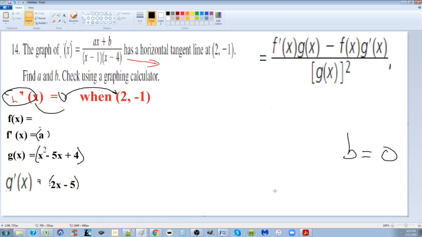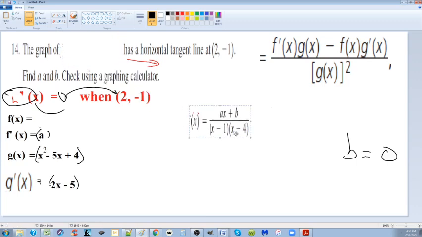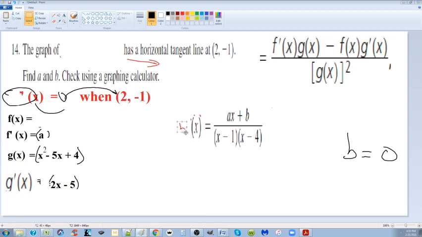and figure out my a if I wanted to, right? But I also have an equation up here, which is the main equation. It's the h of x, not the h prime of x, the h of x equation. And I already know b is 0, right? And I already know that when x is 2, what was y?